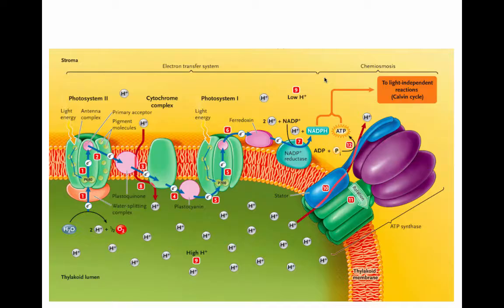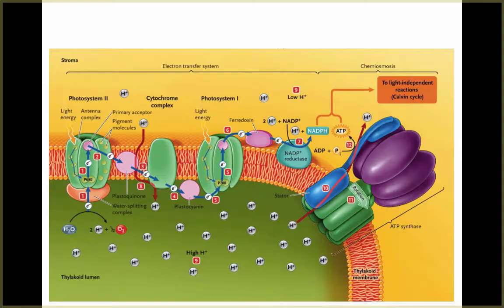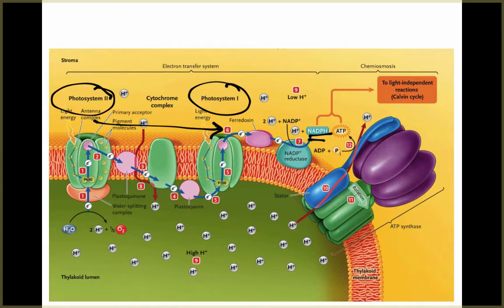So non-cyclic uses both photosystem 2 and photosystem 1 to move electrons through to make NADPH, and the movement of electrons makes hydrogens go across to make ATP. Those get moved into the next cycle, which we're going to talk about in the next video or face-to-face.